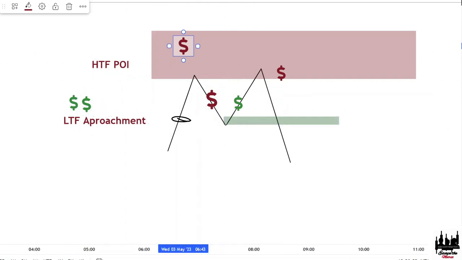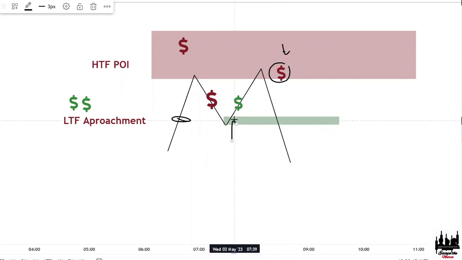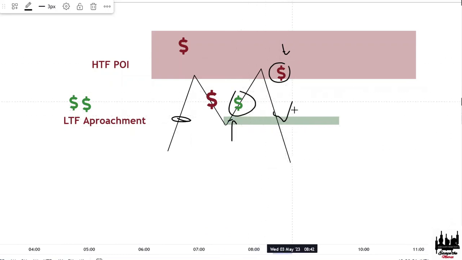So if price comes down here from using this sell order, and there are more sell orders than buy orders right here, price would continue down. But if there are more buy orders than sell orders, price would use this area to continue above.